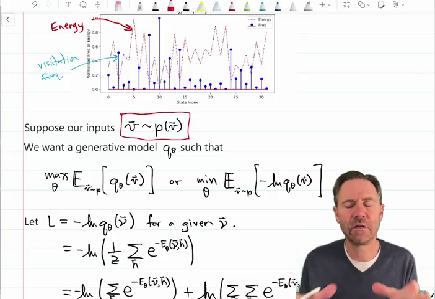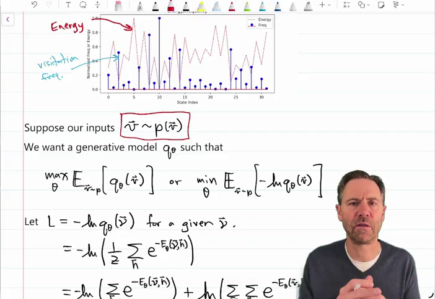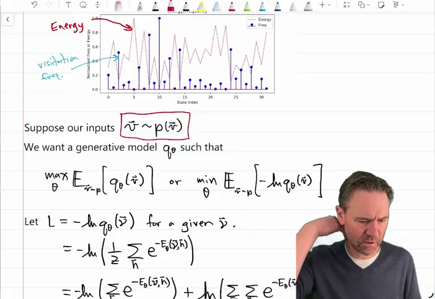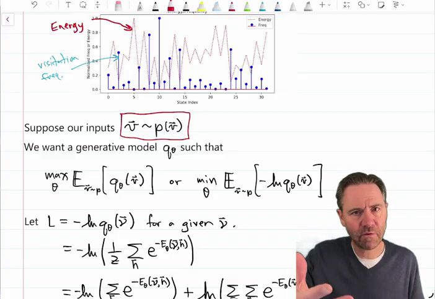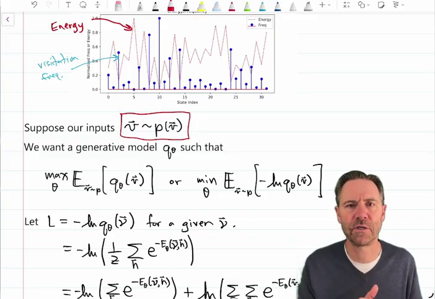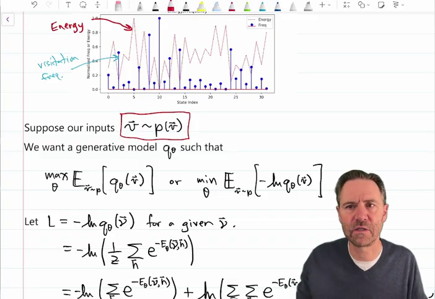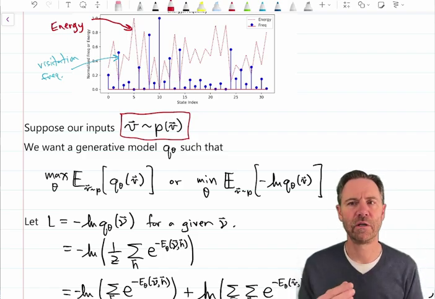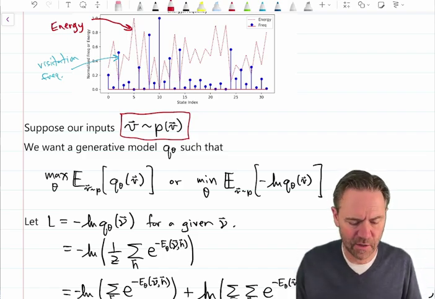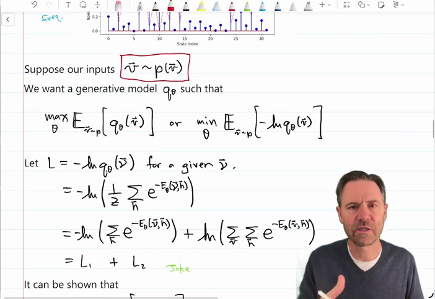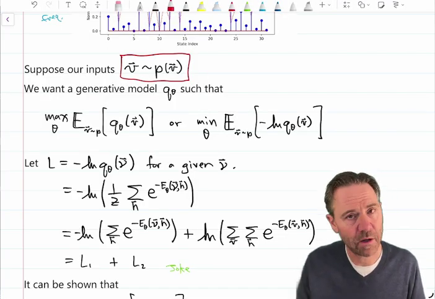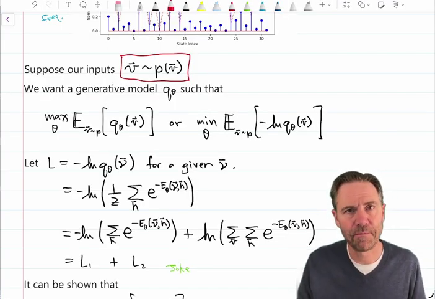Remember, this is an unsupervised learning method. We want our neural network to basically observe the world and then come up with a better representation of that world. Basically, statistically rule out all the things it doesn't see and focus more attention on the things that it does see. One way to do that is to come up with a generative model, Q sub theta.